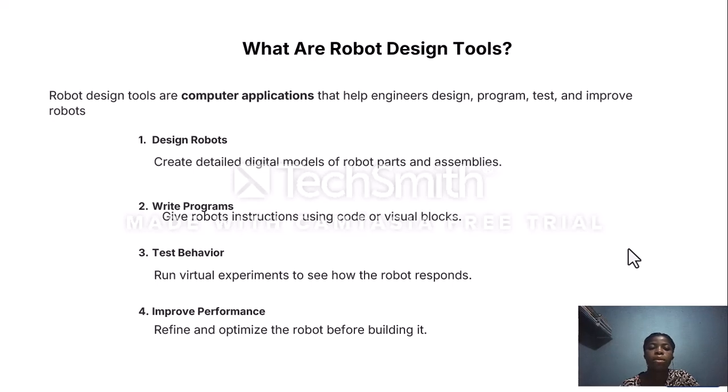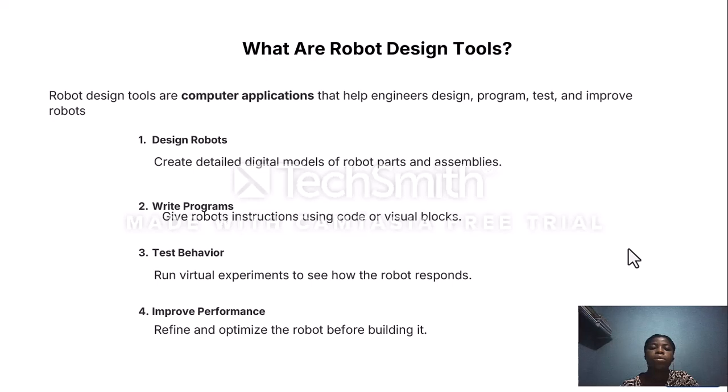In designing, engineers use robot design tools to create digital models of robots, parts and assemblies. Then in writing programs, engineers give robot instructions using code or visual blocks. In testing the behavior of the robots, it is used to run virtual experiments to see how the robots respond. Then lastly, in improving performance, engineers use these tools to refine and optimize the robot before building it.